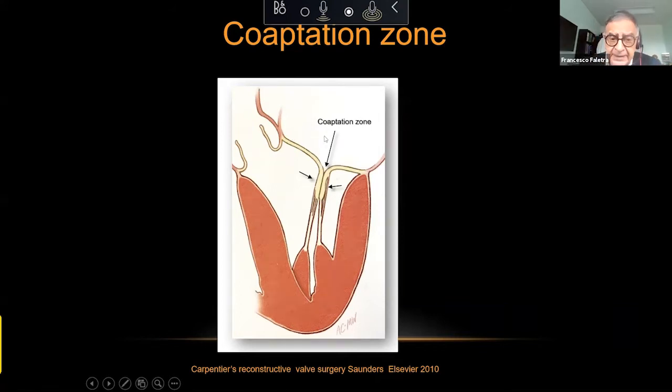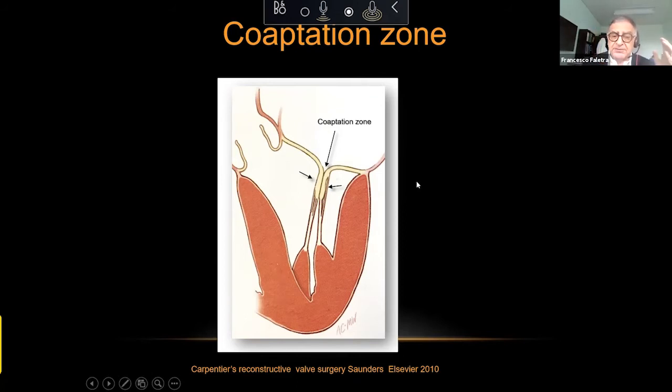Might be even better. But if you have a prolapse, involving this coaptation zone, then this is a problem, because the chordae tendineae are subjected to abnormal stress, and then they can rupture. So this is the problem of the prolapse.